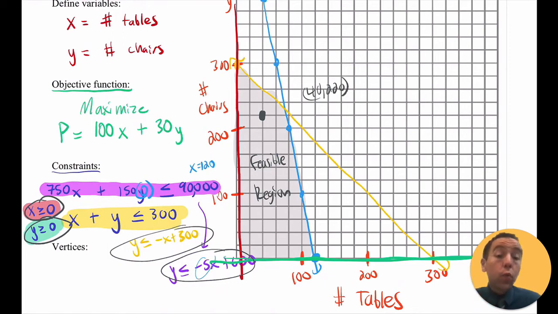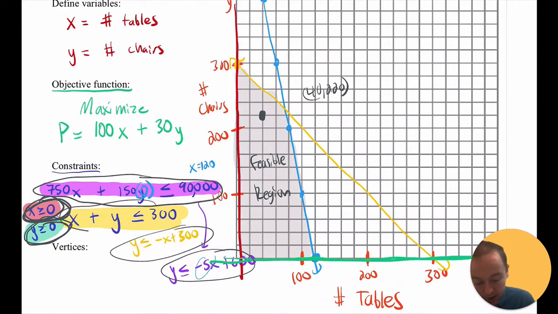And that would be one possibility that's going to satisfy all of the constraints, meaning that it has an x-coordinate greater than or equal to 0, and it has a y-coordinate greater than that. But not only that, it's going to stay under budget and also have 300 pieces or less. So that gives us our possibilities, meaning that within this feasible region, we're going to be able to find somewhere that's going to give us the maximum.